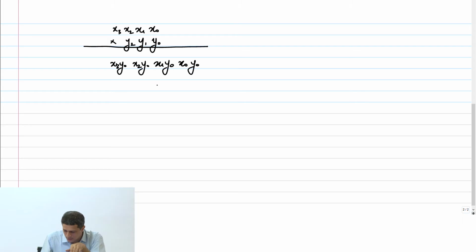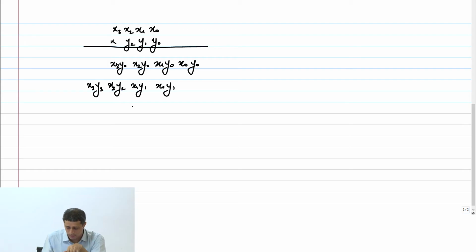So the second term will be, oh sorry, no. I need to do x0 into y1, right? So that is x0 y1, and then x1 y1, x2 y1, x3 y1. I'm sorry.